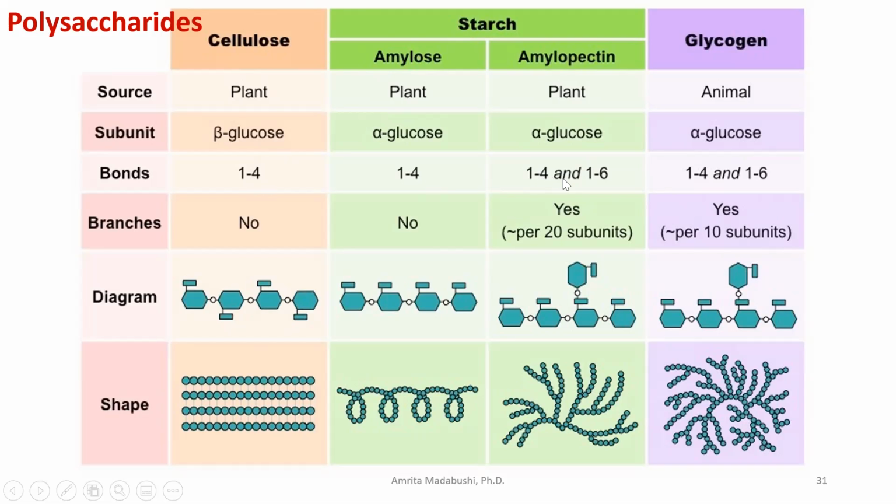But in amylopectin, which is a different kind of starch than amylose, there can be 1,4 and 1,6 linkages. You see here, it's 1,4, and this is 1 with the 6. So there can be different forms within the glucose chains. In cellulose, there is no branch. In amylose, there is no branch. In amylopectin, yes, there is a branch. And also in glycogen, yes, there is a branch.